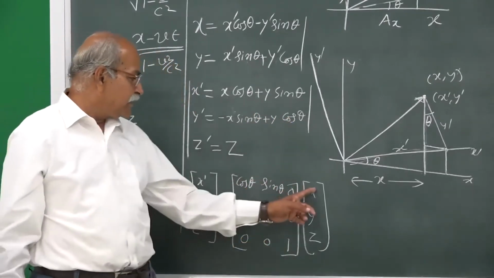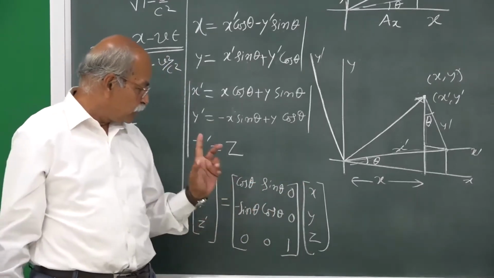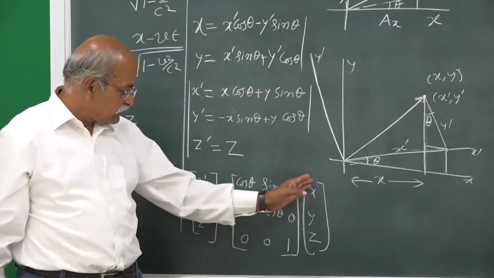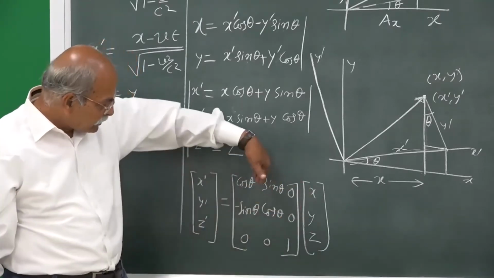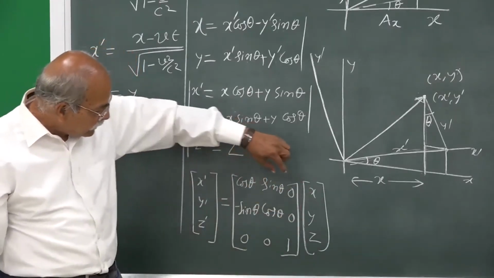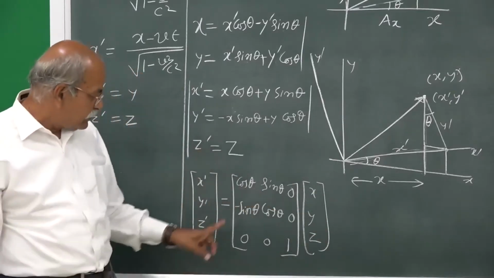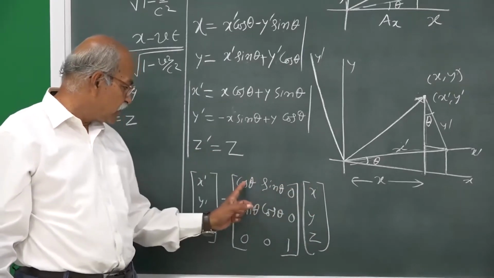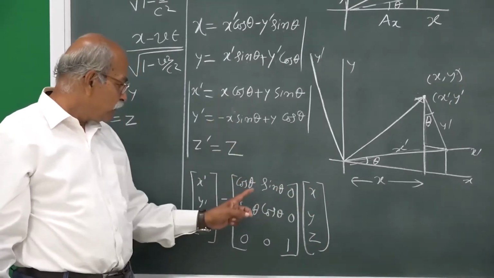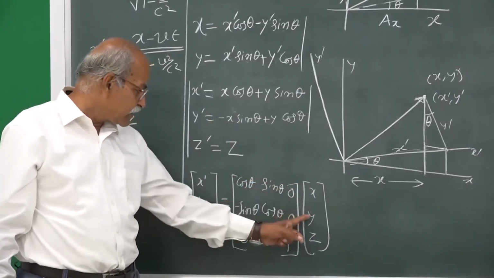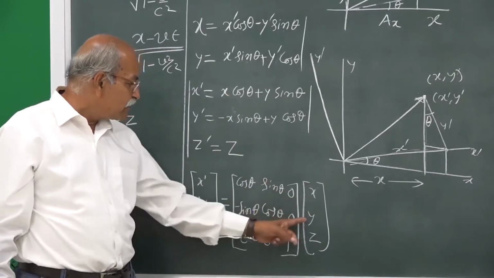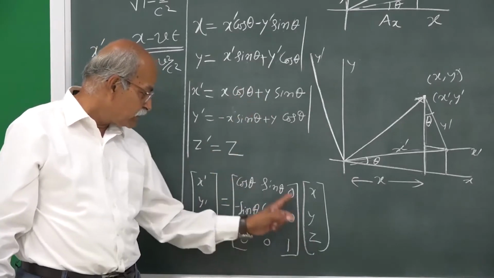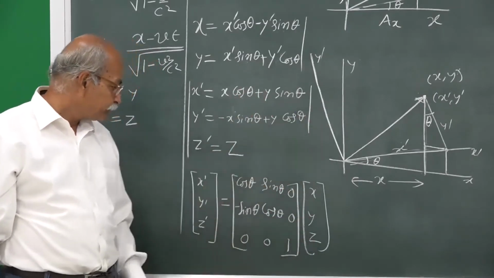So, if you multiply the matrices, I am sure you know how to multiply matrices. This is a 3 by 3 matrix, and this is your column matrix. When you multiply this, you will get a column matrix, and the first term here gets multiplied, so that is x cos theta, plus second term here, so plus y sin theta, and then third term here, that is 0, so nothing.